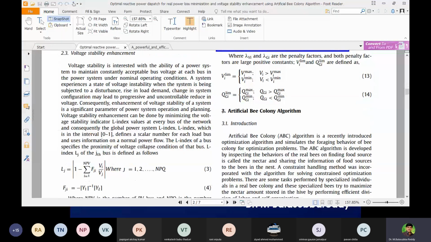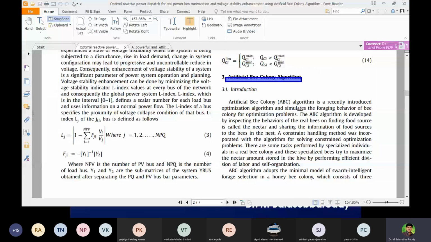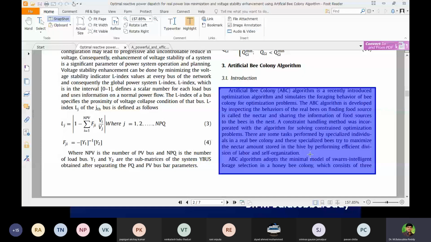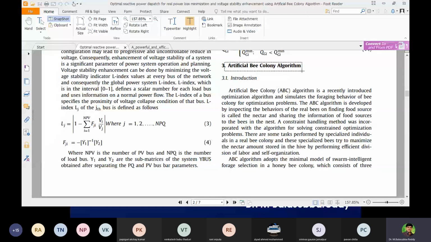And now we'll come to the artificial bee colony algorithm: how this problem is going to be solved using it. The algorithm introduction is given. Anyhow, I will explain this complete algorithm step by step. At the moment I will show you only the journal paper, how the paper is written and how the results come. Then I will explain all in detail for the artificial bee colony algorithm.